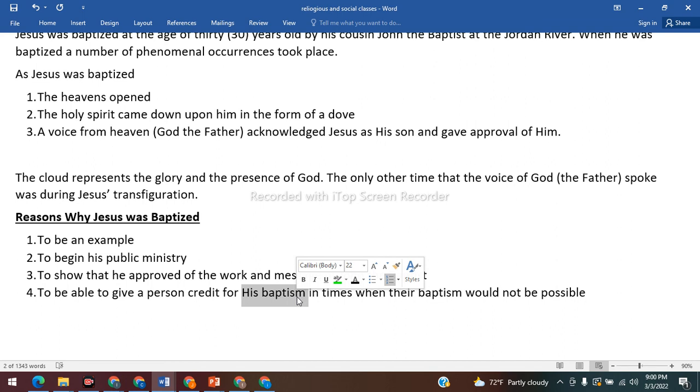You know what I'm saying? Yeah, like that. So that's what the sentence says: to be able to give a person credit for his baptism, Jesus' baptism, in times when their baptism would not be possible. Okay? Am I slow? No, it's not slow. You just had to explain it a bit.